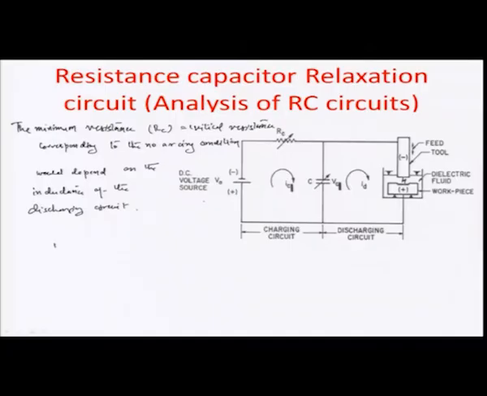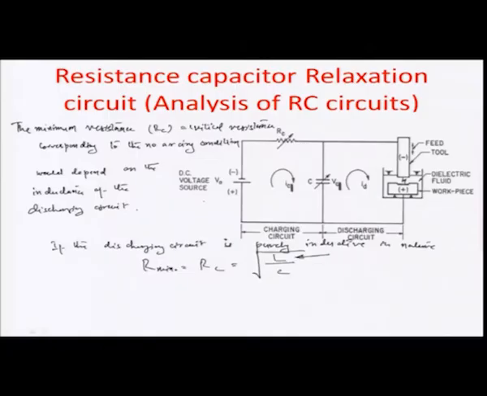And supposing the discharging circuit is purely inductive in nature, the critical resistance R minimum can be written down as the square root of the total inductance of the discharging circuit per unit the capacitance, the central capacitance value C.